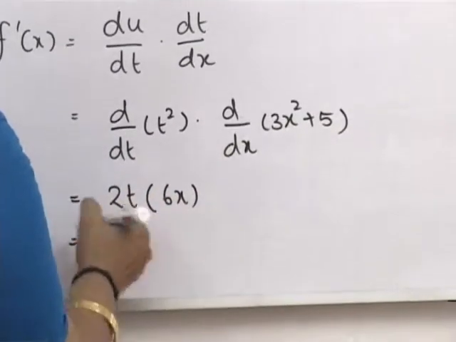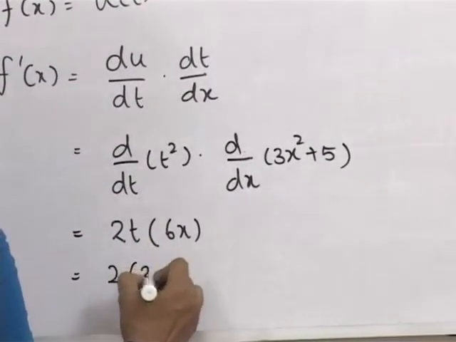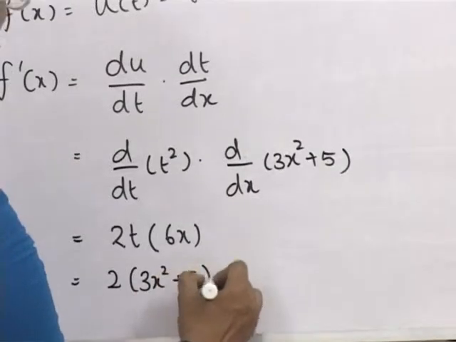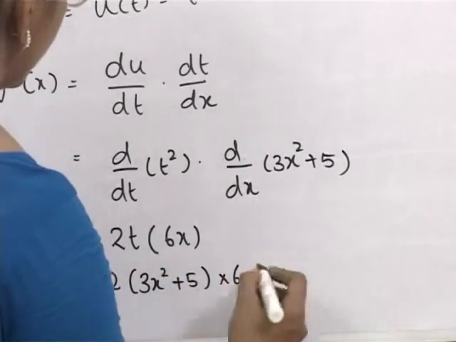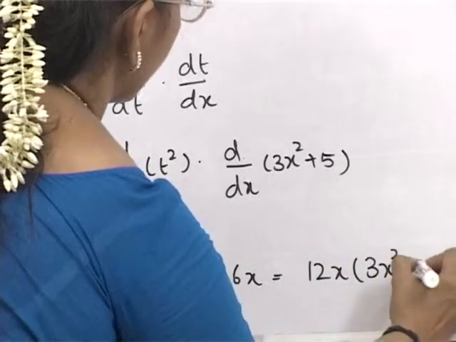Now we will substitute the value of t back into this, so we will get 2 into (3x square plus 5) into 6x, which is nothing but 12x into (3x square plus 5).